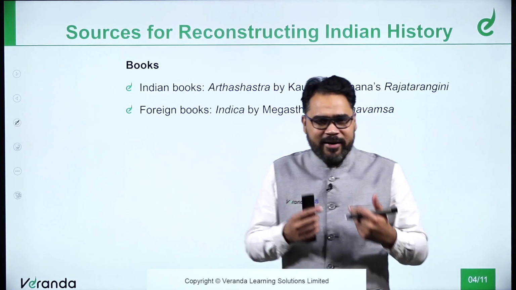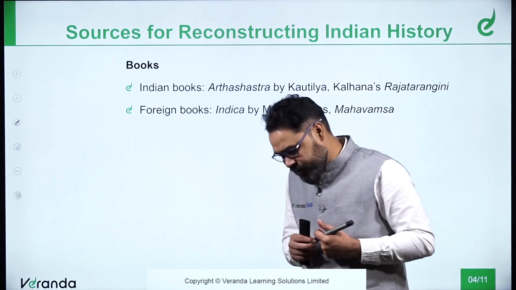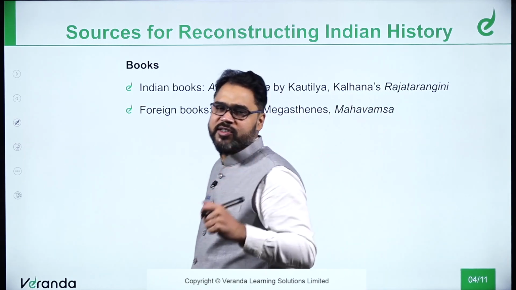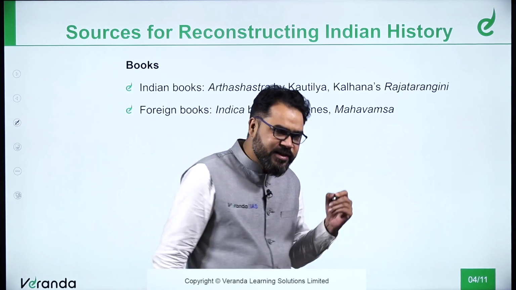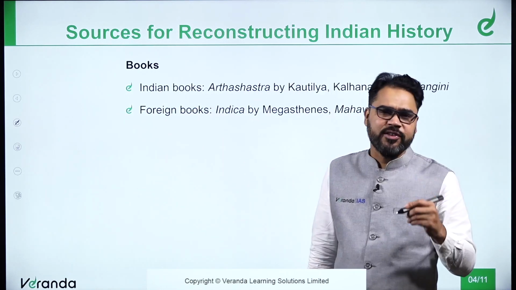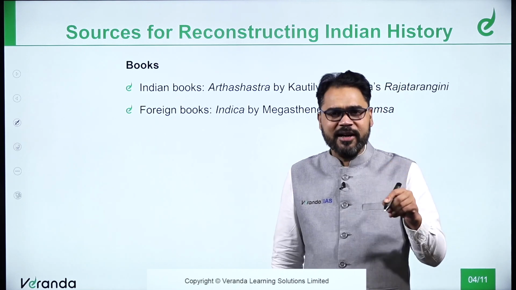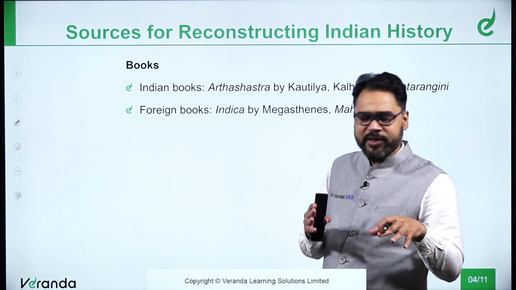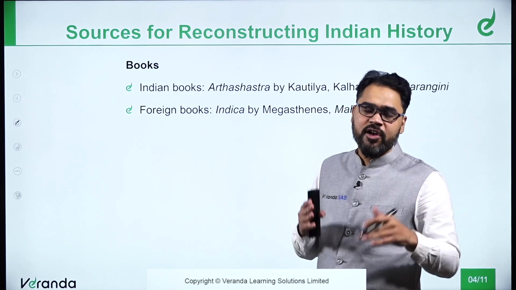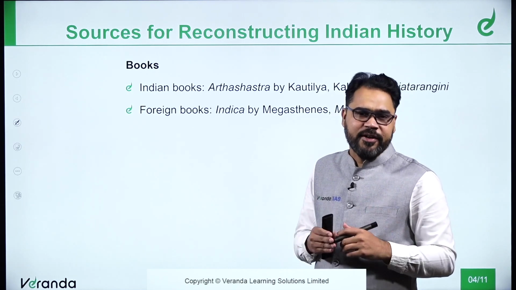Now, when we start with history, there have to be some sources. From where exactly is our information coming? From where exactly are we deriving the information that we have? These are the sources from where we are deriving our data.